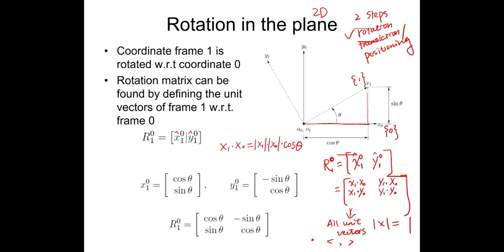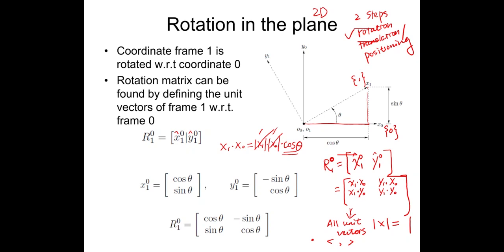Because these two are unit vectors, this is 1 and this is 1, so we only have cosine theta left. So x1 dot product x0 finally equals cosine theta. So here we have cosine theta.